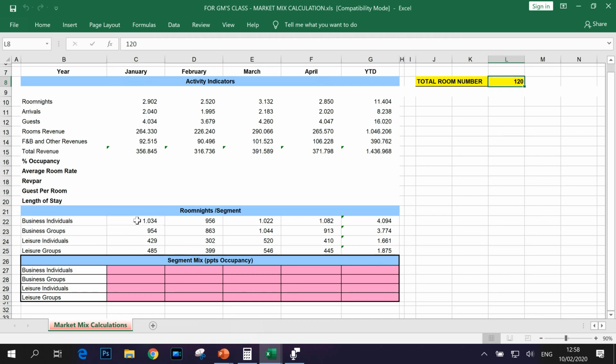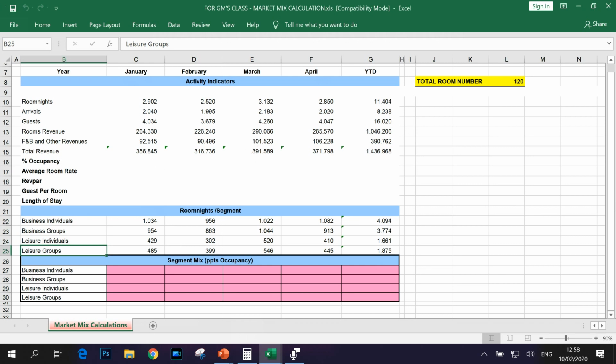Here in the middle, we have the room nights generated from each market segment. To make it simple, we are using traditional market segmentations only for this exercise. So we have business individual, business group, leisure individual, and leisure group.